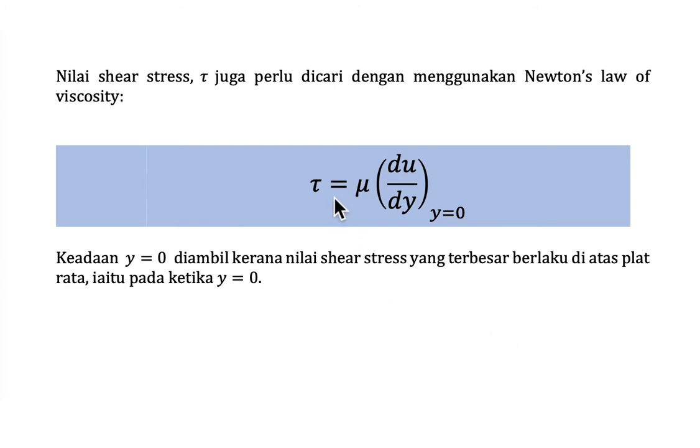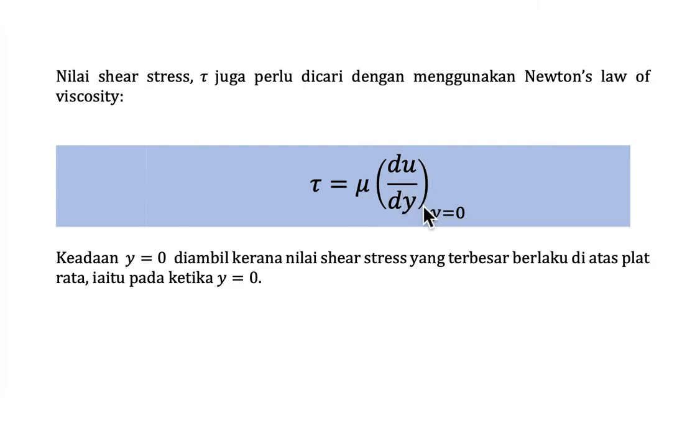Another thing that you need to know before we do the calculation is another method to calculate the value of shear stress, which is Newton's law of viscosity. The equation is tau equal to mu du over dy at y equal to 0. Mu here is the dynamic viscosity, tau is the shear stress, and du dy is the velocity profile, meaning the change of u, the local velocity, with respect to the distance y.